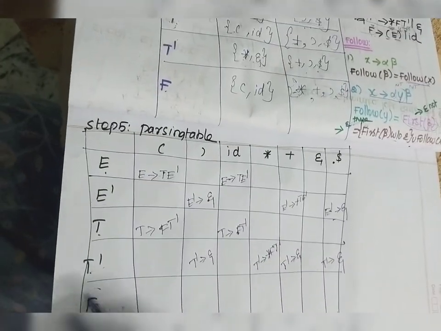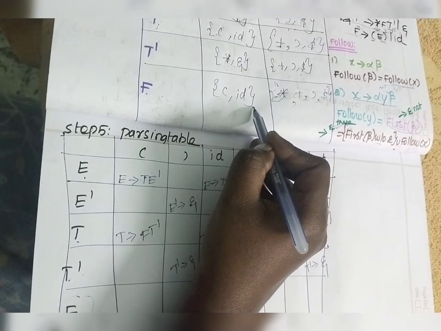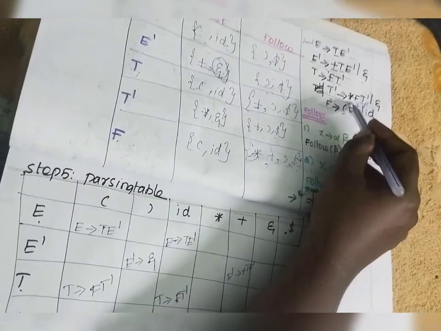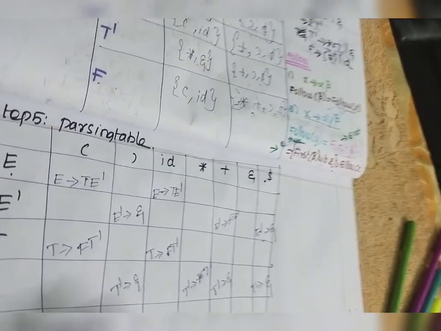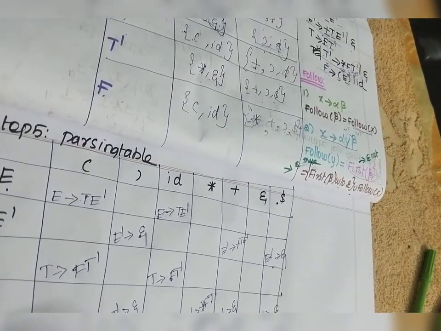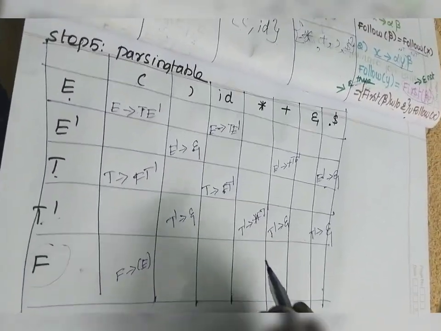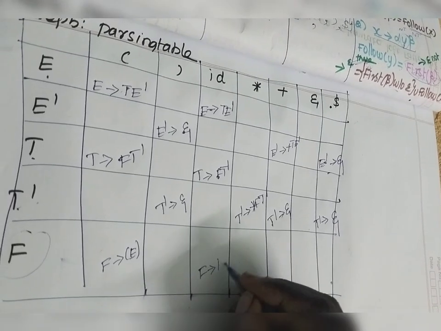Okay. Then F first position. F first position is open bracket and ID only. So here also having two productions. For the open bracket you have to write this production, and for ID you have to write this production. So for open bracket, F tends to open bracket E close bracket, and for ID, F tends to ID.